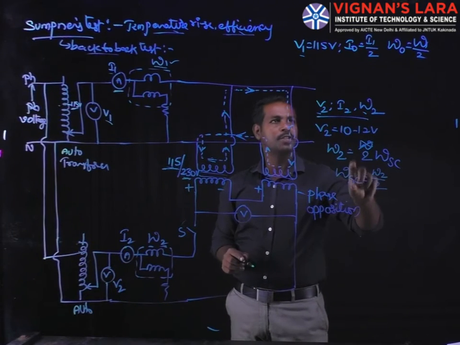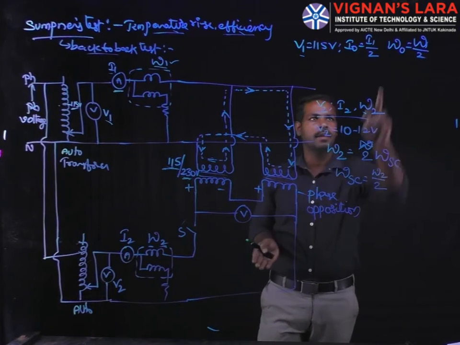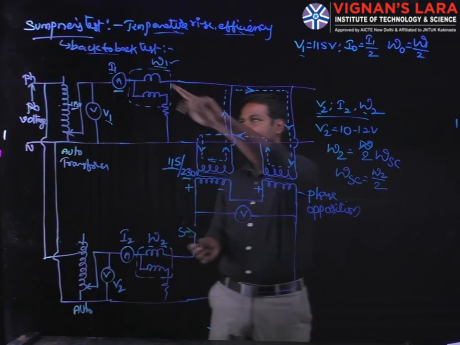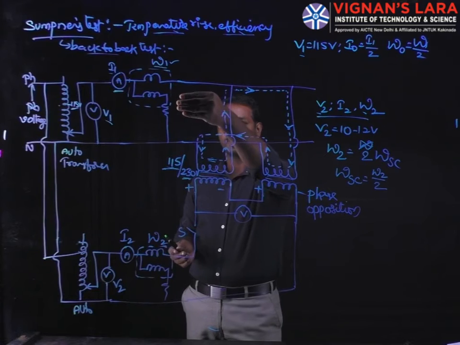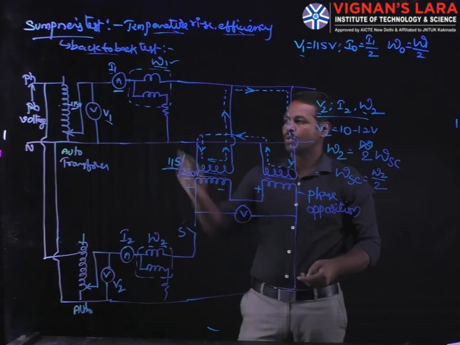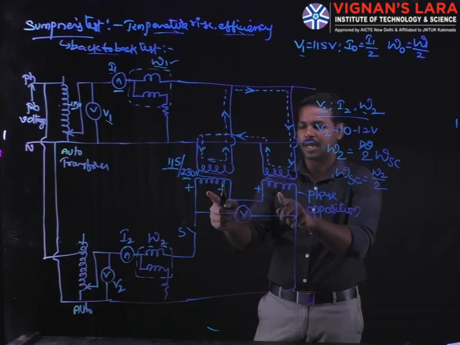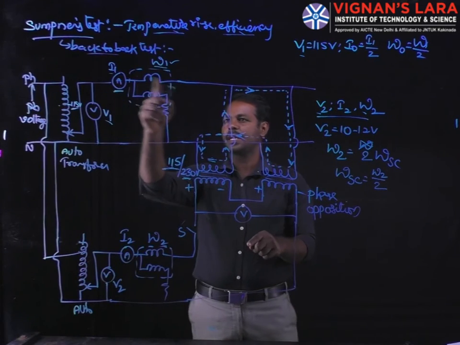Previously, we measured the iron losses and full load copper losses independently. But in the Sumpner test, which is the back-to-back connection, there is one open circuit test and another short circuit test. Open circuit means the two voltages are in series opposition, the resultant is equal to 0, and we get three parameters.